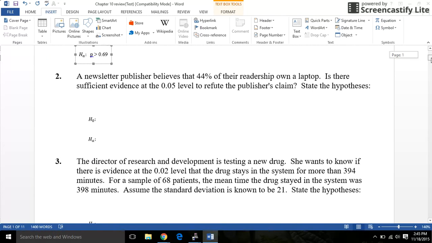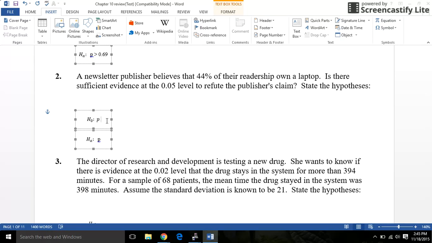A newsletter publisher believes that 44% of its readership owns a laptop. Is there sufficient evidence at the 0.5 level to refute the claim? Again, I've still got another P because it's just a percentage, and down here I'm going to put the P again. The publisher believes that 44% of the readership owns a laptop.